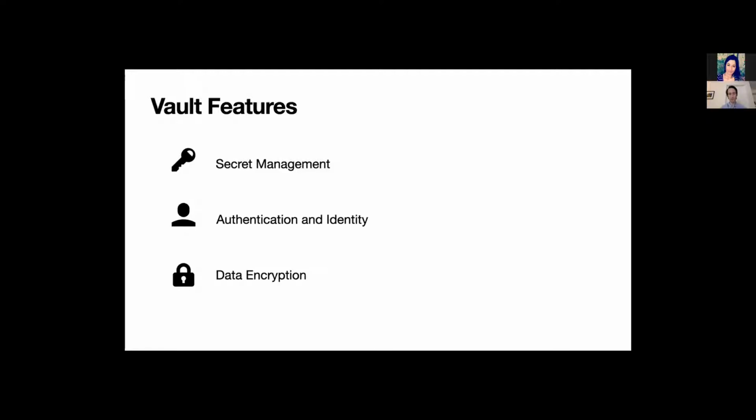Some of those providers are GitHub, Okta, LDAP, AWS, GCP. And then finally, it also has a data encryption tool that provides key management to help simplify encrypting data in transit as well as at rest.